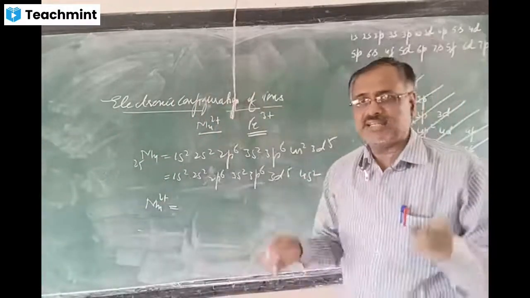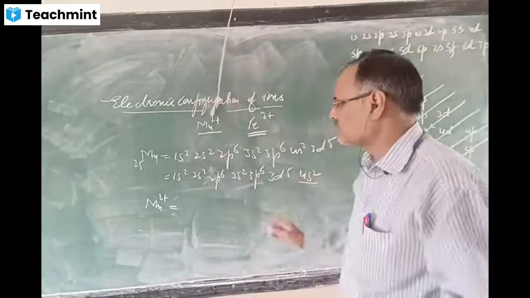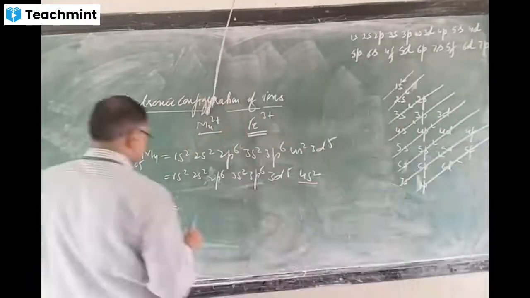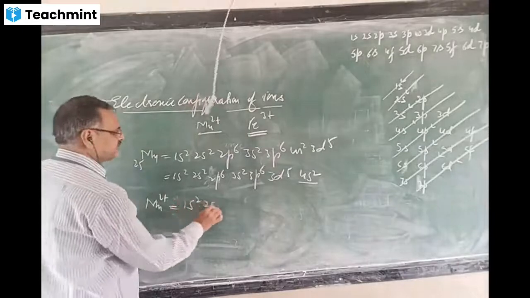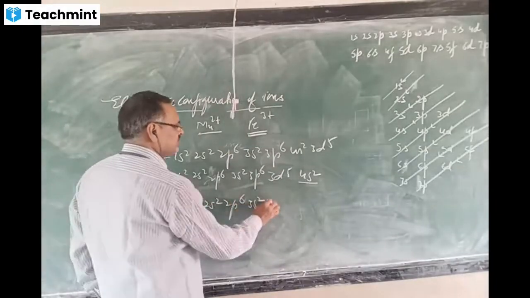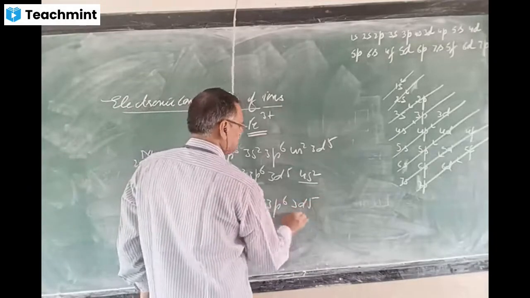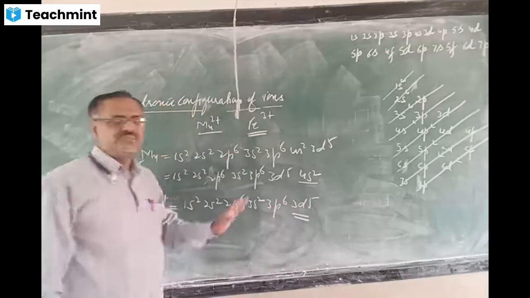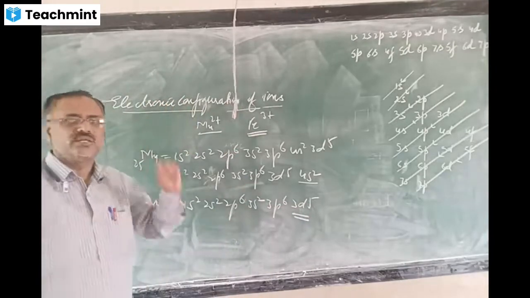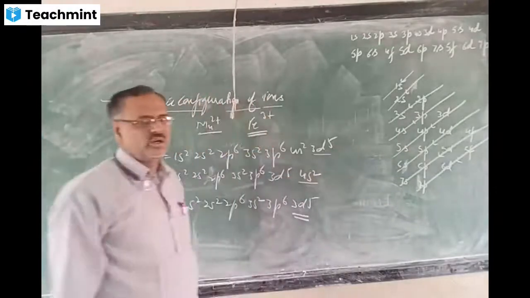Cations are formed by loss of electrons. So from this 4s2, you remove the 2 electrons, and you will get 1s2, 2s2, 2p6, 3s2, 3p6 and 3d5. That's it. If you don't arrange like this, you will remove the electrons from 3d, which is wrong.